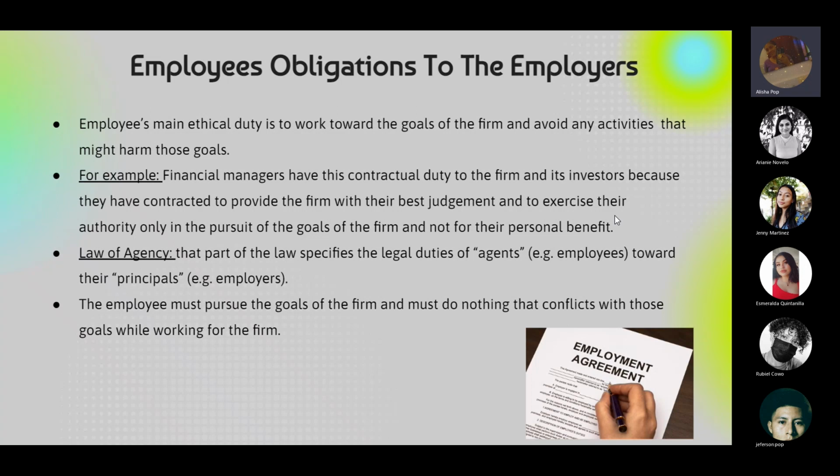So therefore, the law of agency specifies the legal duties of the agents, known as the employees, towards the principals, known as the employers. And so we could also include that the employees must do nothing which can bring conflict in the long run of the goals.